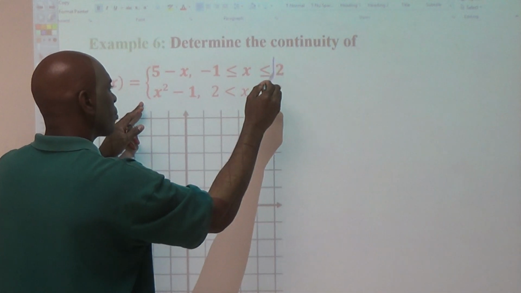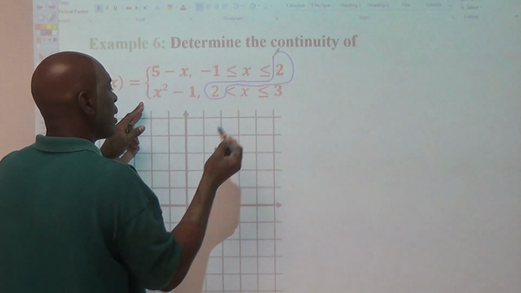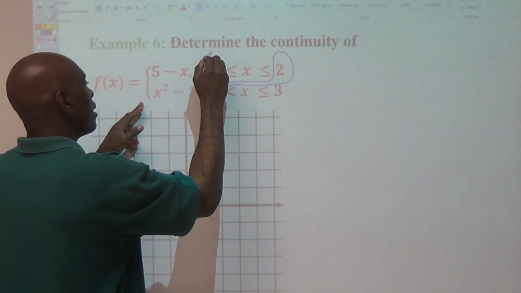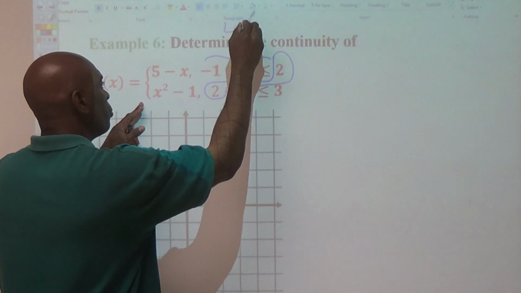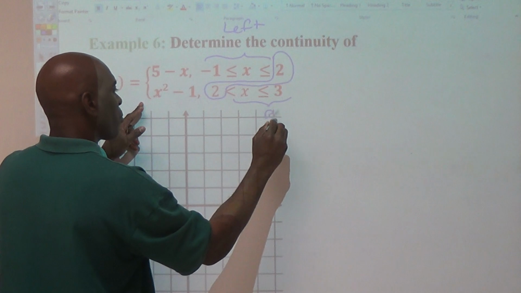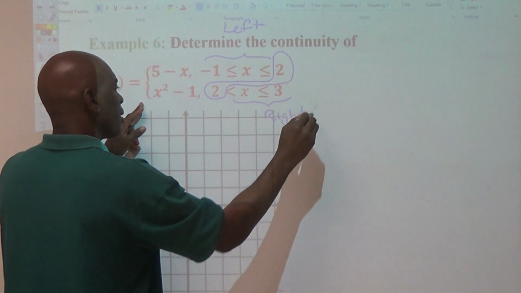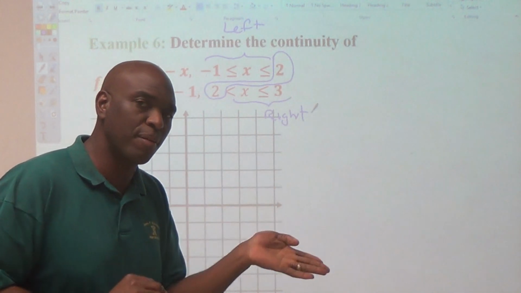Consider the number 2 here. This information is to the left of 2. This information is to the right of 2. Left side, right side. So look at both of the limits, the left limit and the right limit.